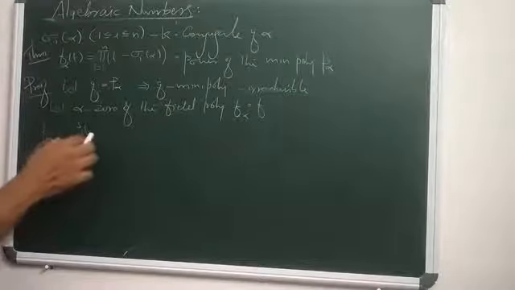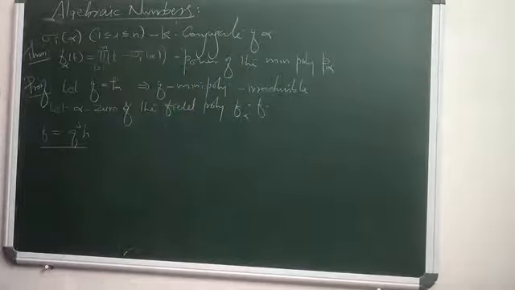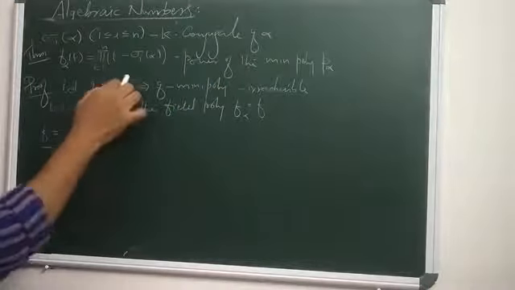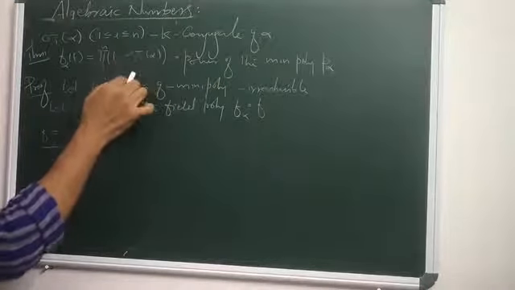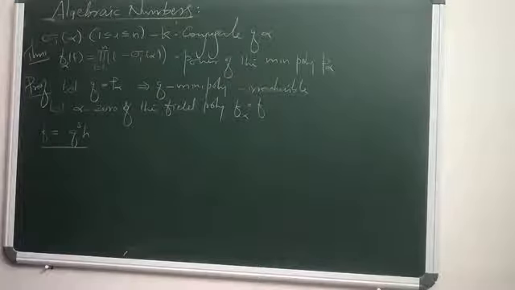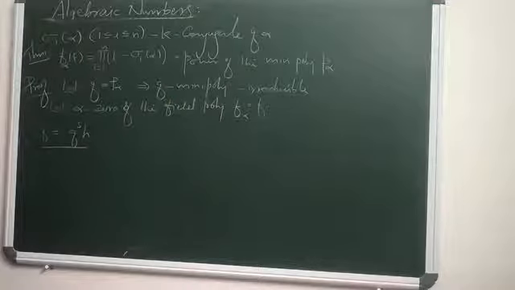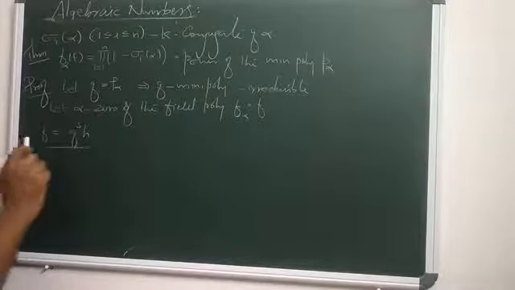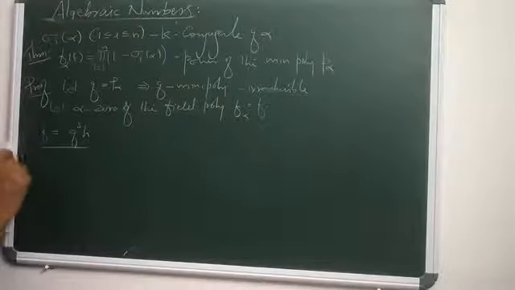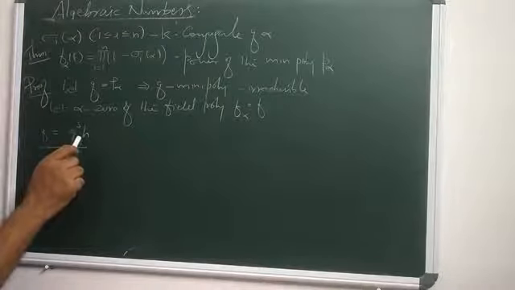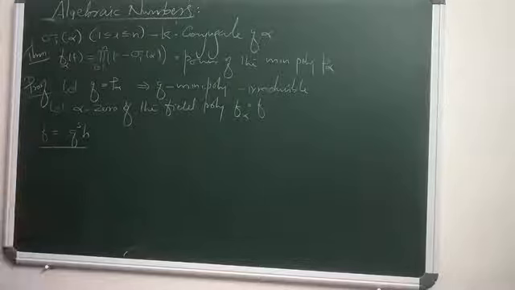What is q? q is the minimal polynomial, q equals p alpha. This q is irreducible, and let alpha be a zero of the field polynomial f, or simply f alpha, whatever it may be. So from the factorizing of f into irreducibles, f equals q to the power s times h.